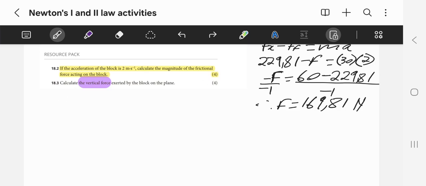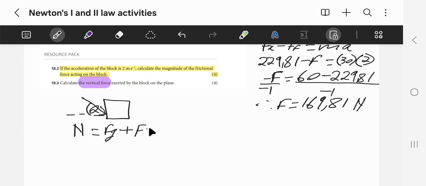Well, firstly remember that if we have an object that is being pushed at an angle, then the normal force has to be equal to Fg plus F sine theta. Okay, that's what we must have basically.